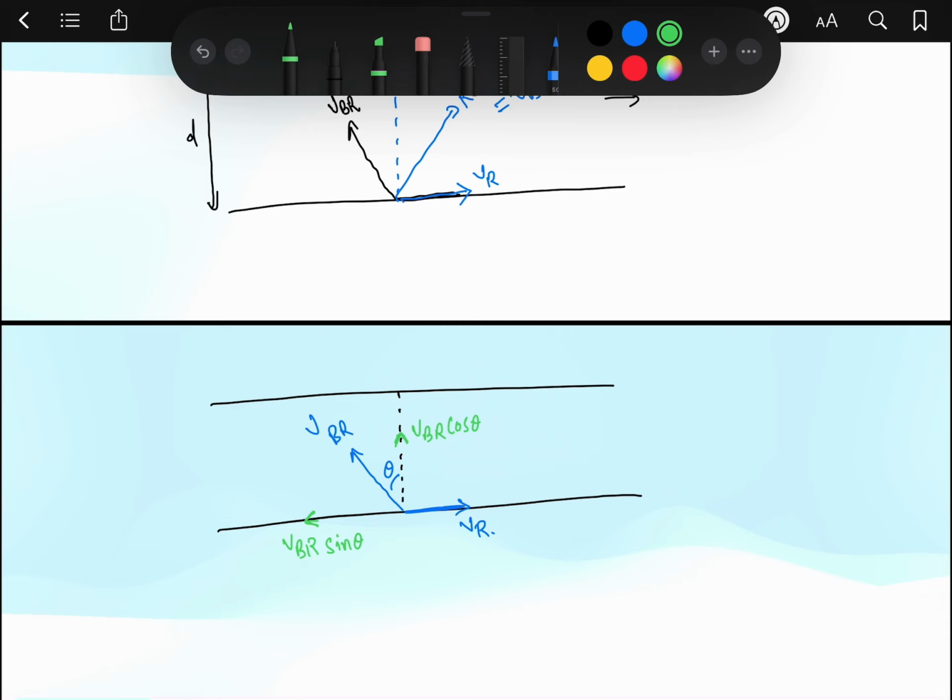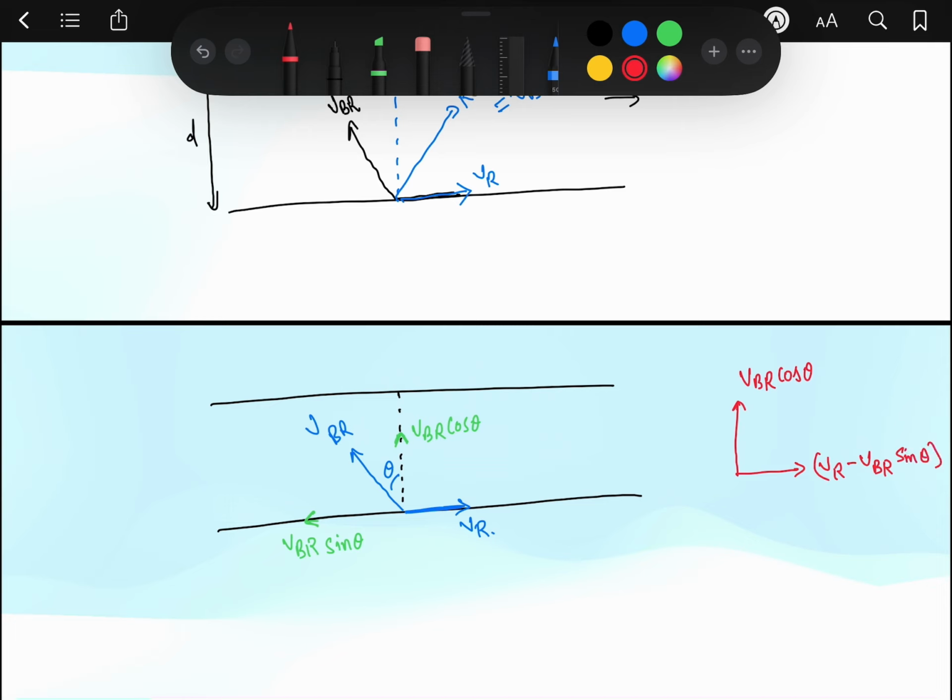Now here I can illustrate that there are two velocity vectors with magnitudes: one is VBR cos theta, and the other is VR minus VBR sin theta.